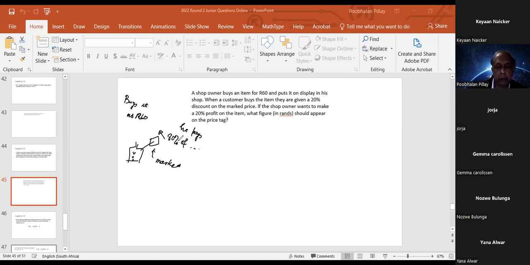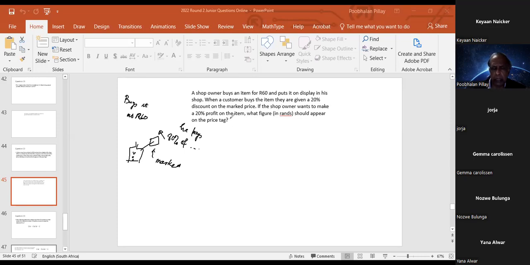Because you work out 20% of it and you subtract it from whatever it is, that's a discount, which is the same as saying it is 80% of the marked price. Right. Now, so this is what he pays.